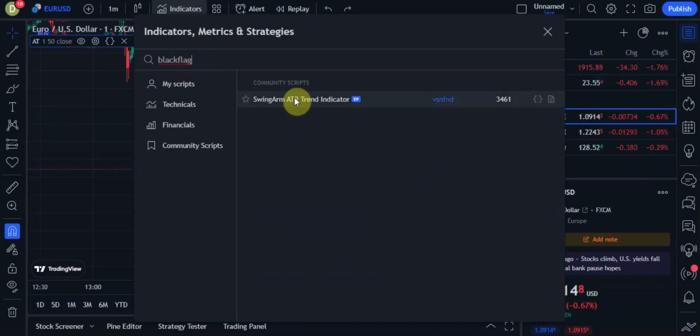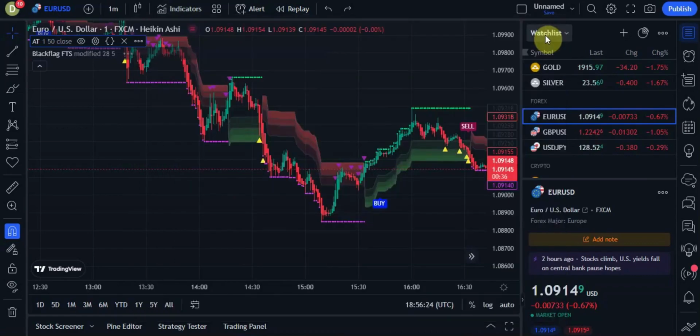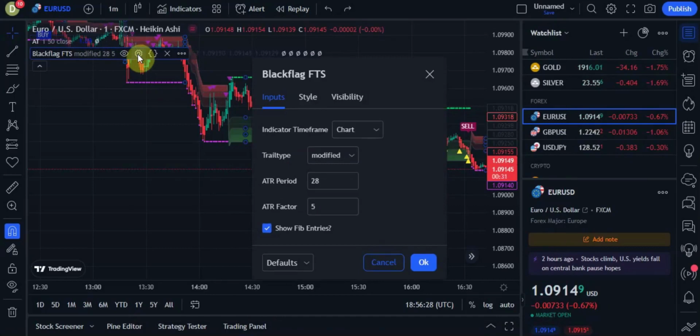And now for our second indicator, we're going to go ahead and search for black flag. And we can see the swing arm ATR trend indicator. Let's add that to our chart. And so we're going to go ahead and go to the settings. And then we're going to go to inputs. And let's change the ATR factor to 4. And we're also going to change the ATR period to 50.